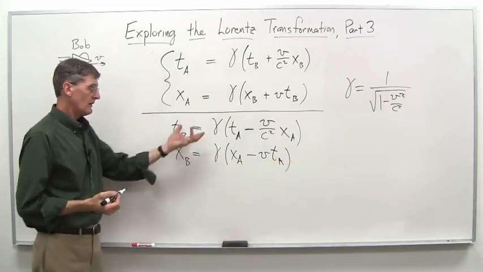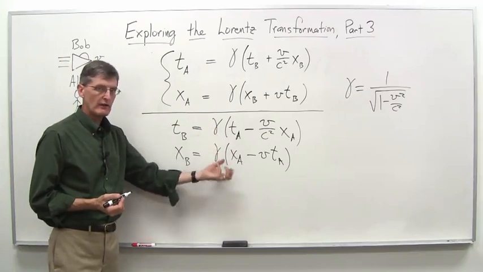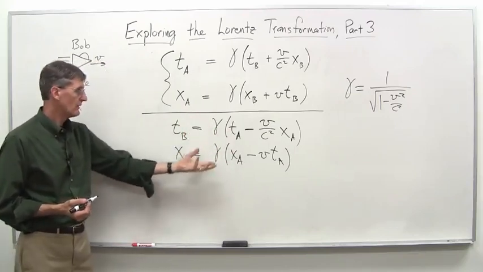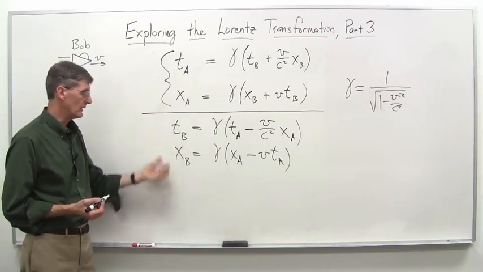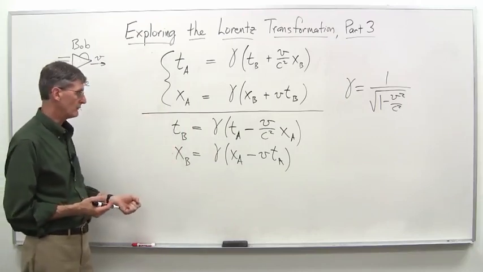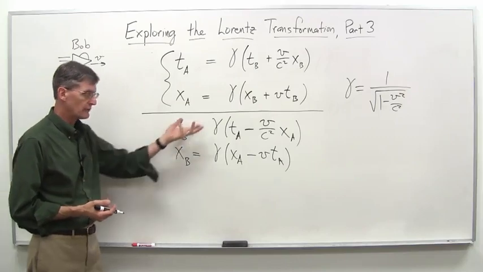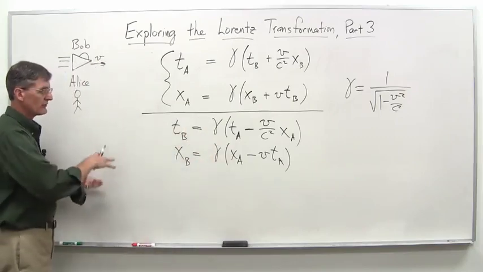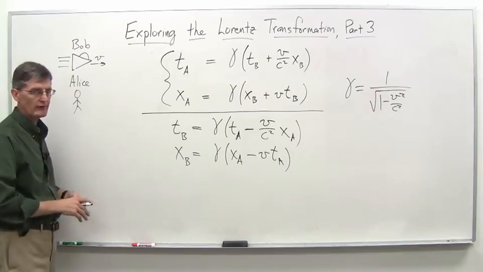In other words, given x and t values in Alice's frame of reference, as she measures them, we can figure out what the values would be in Bob's frame of reference, just by putting the minus signs in there. So that gives us a sense of how we can go back and forth very easily.